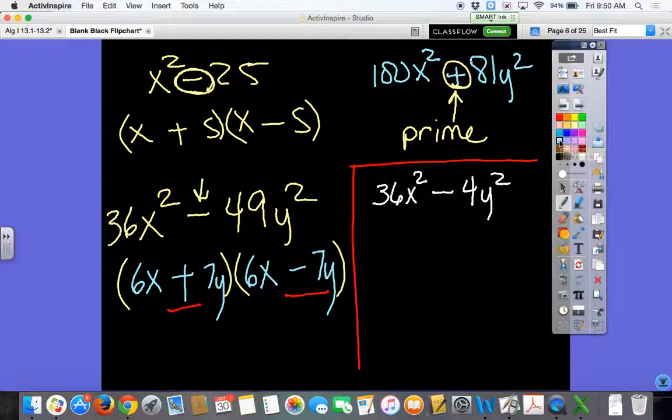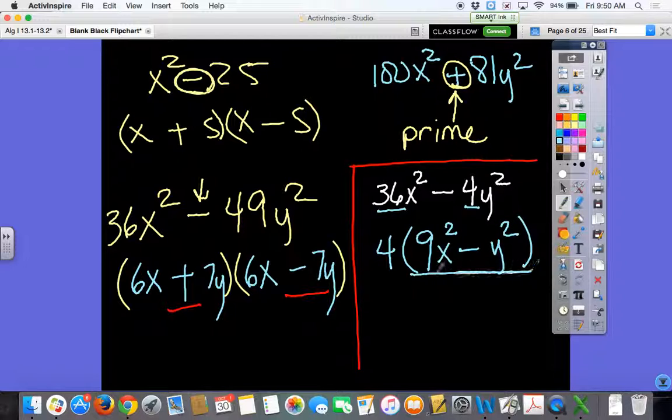We need to get in the habit of always checking to see if there's a common factor. 36 and 4, yes, there is a common factor. So try to pull those out first. 4 goes into 36. Now let's see what remains. 36 divided by 4, that would be a 9. We didn't mess with the x's. And then 4 divided by 4 is 1, so that's just y squared.